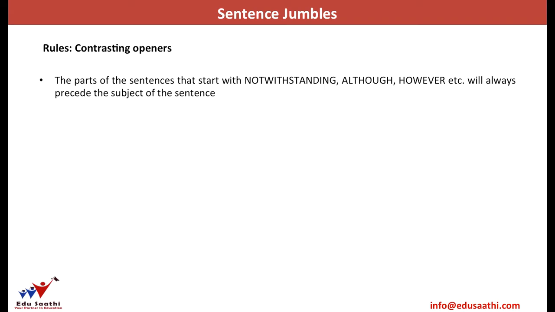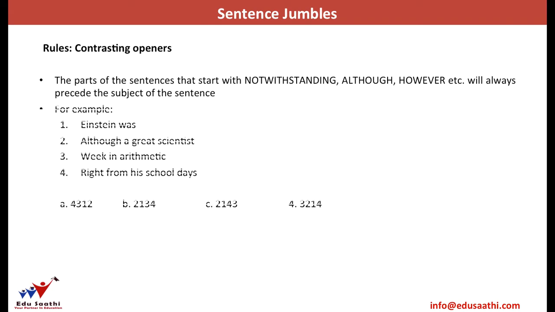Likewise, if any part of the sentence starts with a contrasting opener like although, notwithstanding, however, because, there might be chances that it serves as the opening part of the sentence. So how do we judge it?